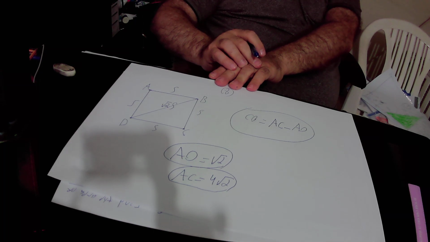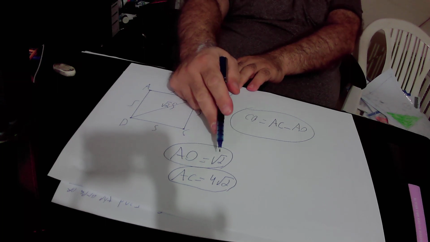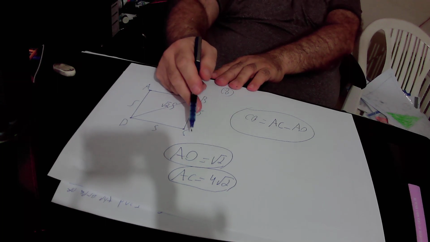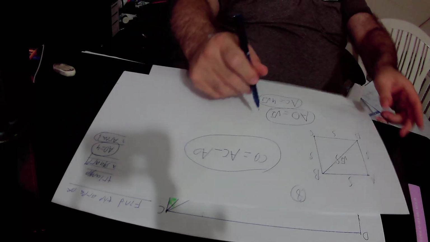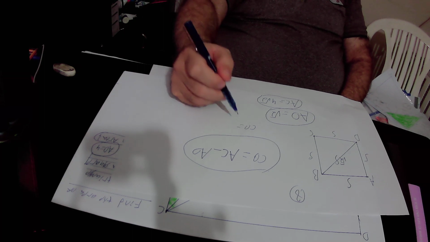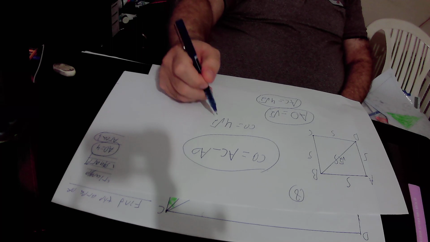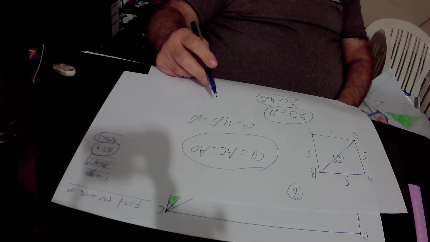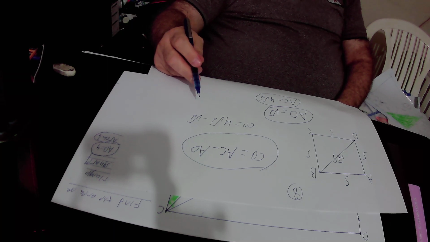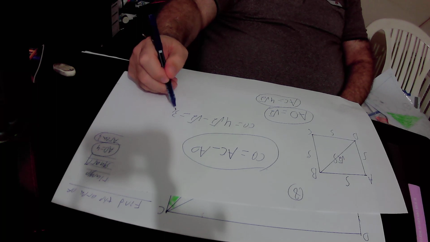But we have already found out that AC equals 4 times square root of 2 units and AO equals square root of 2 units. That is to say, CO equals 4 times square root of 2 units minus square root of 2 units. So 4 times square root of 2 units minus square root of 2 units equals 3 times square root of 2 units.